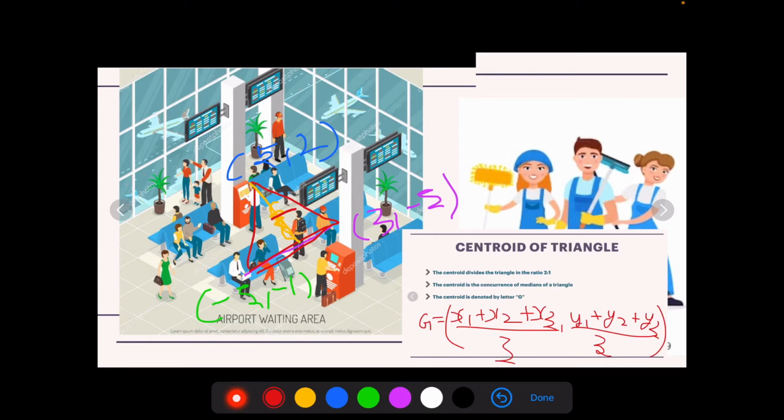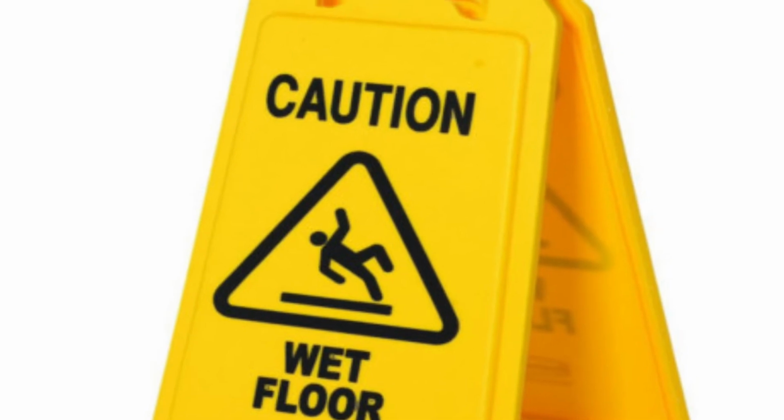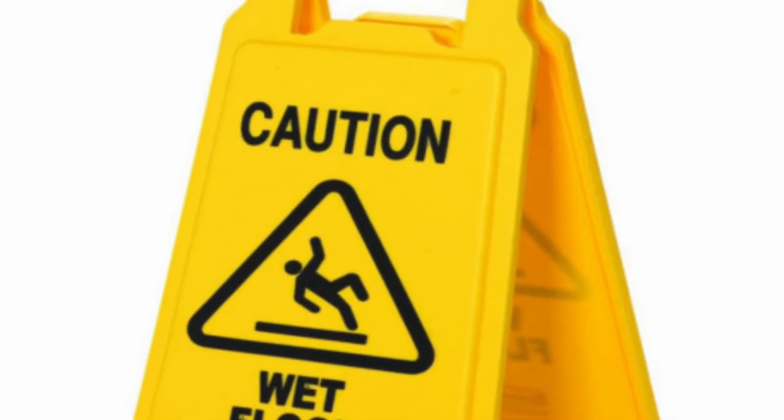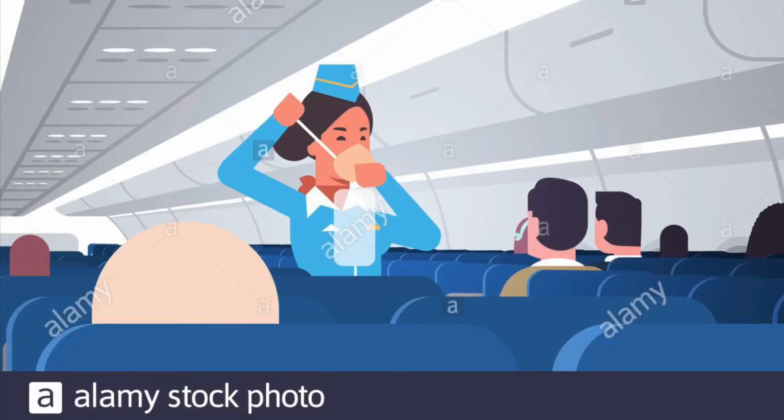Now, upon substituting all these values, we get the coordinates of G in our case as 1, 1.3. Now, they can easily place the wet floor board on the floor.